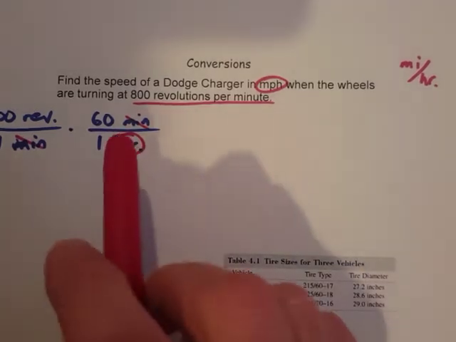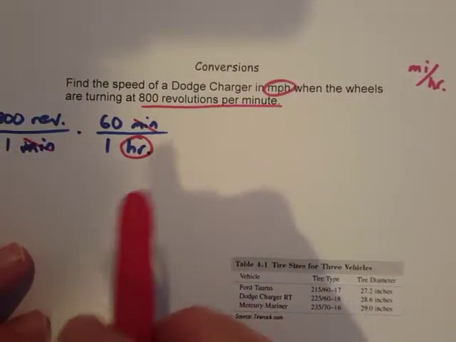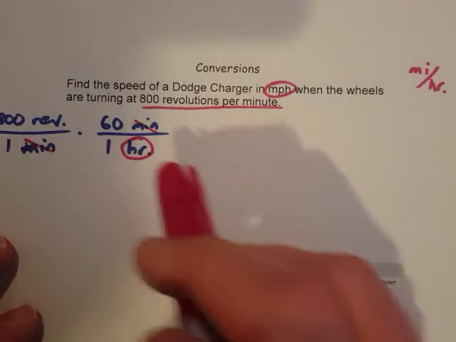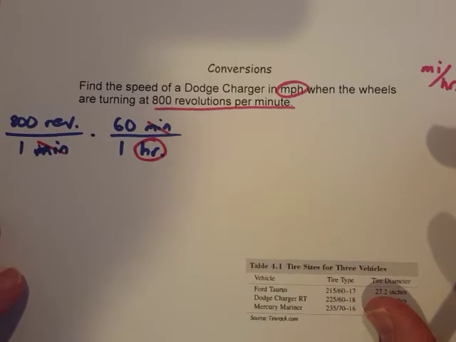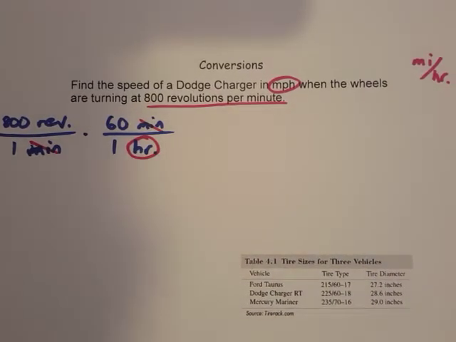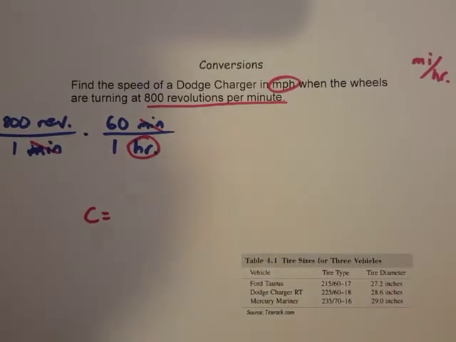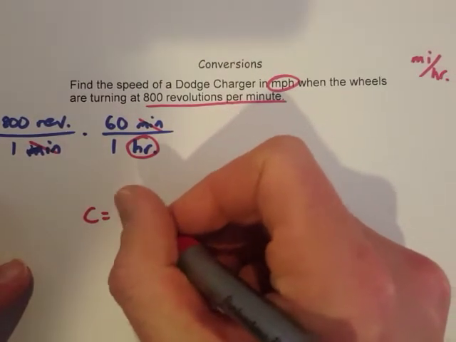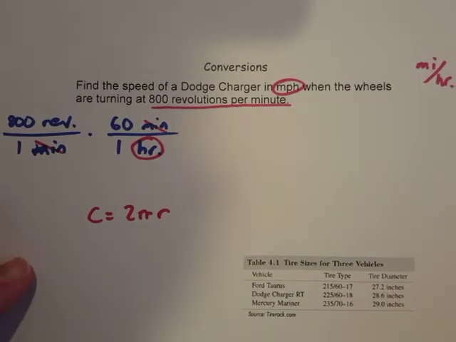Now revolutions, what that means, if you can picture this, a revolution of a wheel, that means it goes all the way around once. Now, as far as the rubber hitting the road on a tire, what it really means is the circumference of that tire. So we know the formula for circumference is 2 pi r.